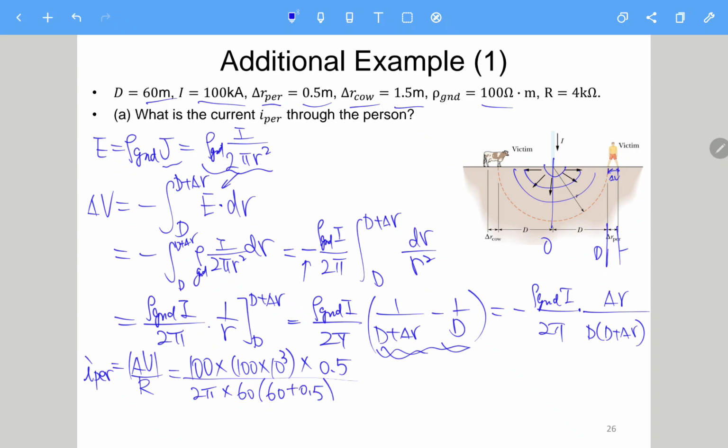Okay, so this is delta V, and then don't forget the R is 4K, 4 times 10 to the third power. Okay, so this number is 0.05488. So there will be this amount of current going through the person.